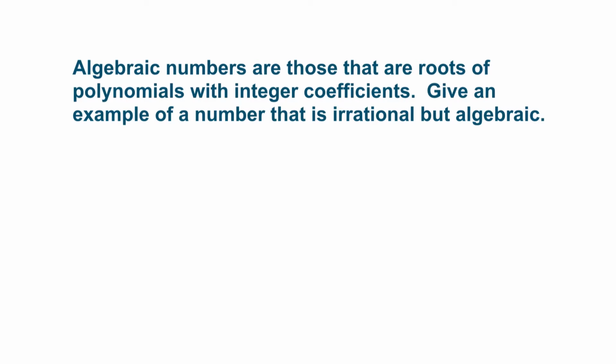A last question is kind of tricky, and I just like this idea. We'll talk about what are called algebraic numbers. What are these? Algebraic numbers are those that are roots of polynomials with integer coefficients. I'd like you to give an example of a number that is irrational but is algebraic.